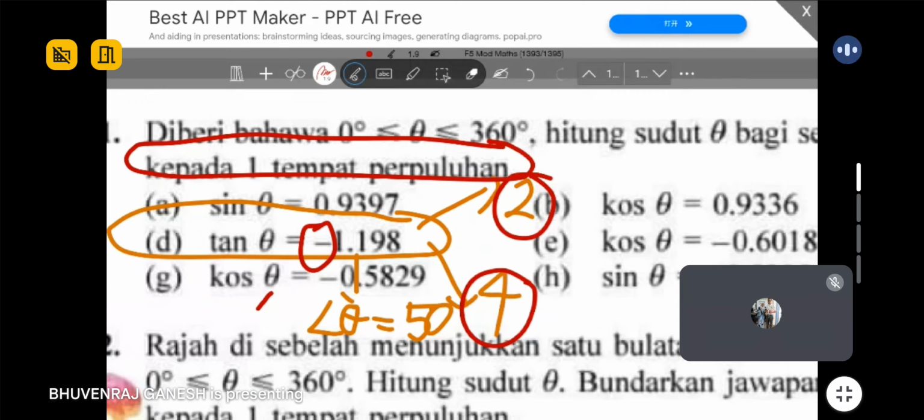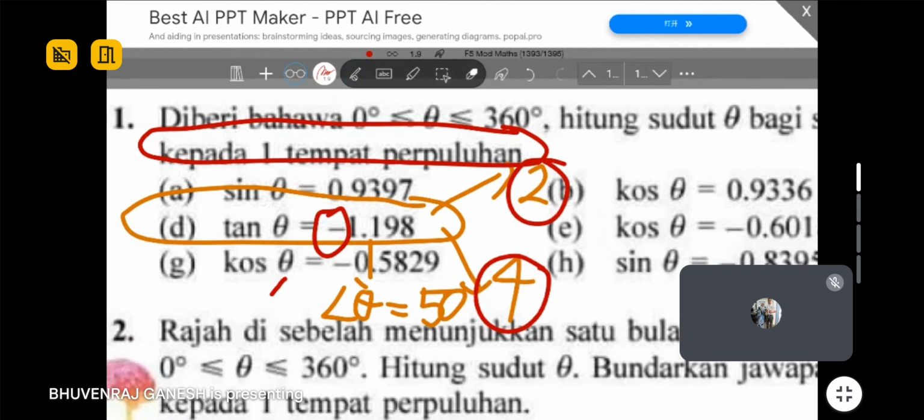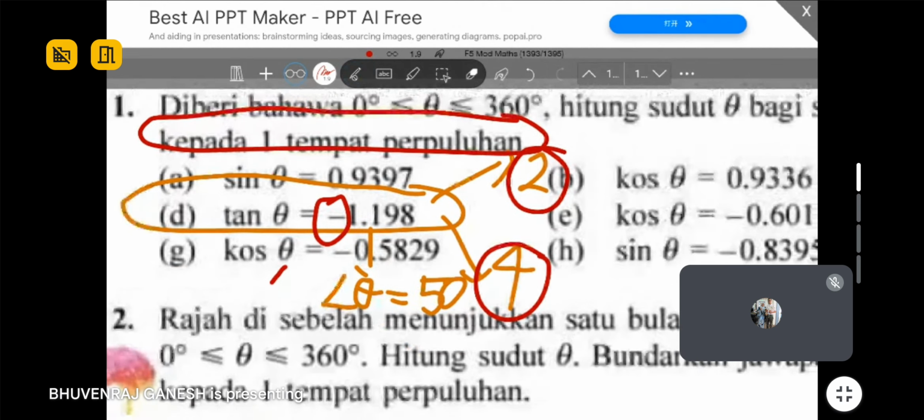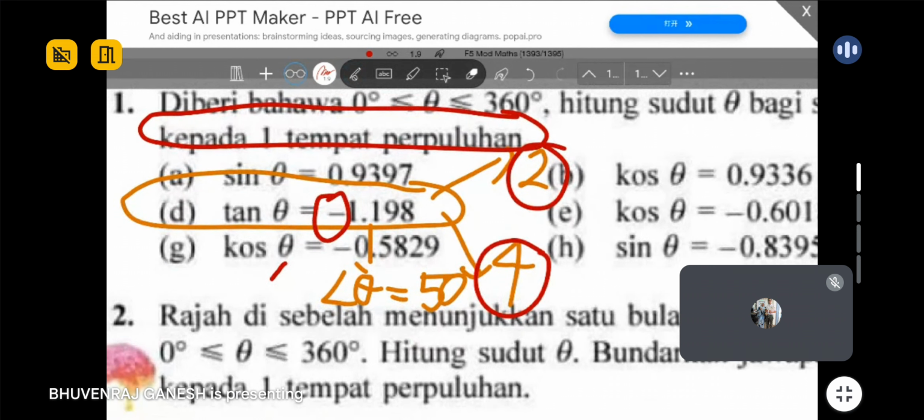The rest, yang lain, sudah dapat jawapan untuk theta? Boleh kongsi? Come on guys, what is your answer for question 1D? Semua dah lelap ke lepas dengar cerita cinta saya? Have you all gone sleepy already after hearing the love story?